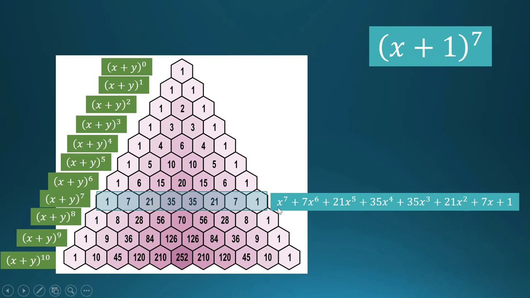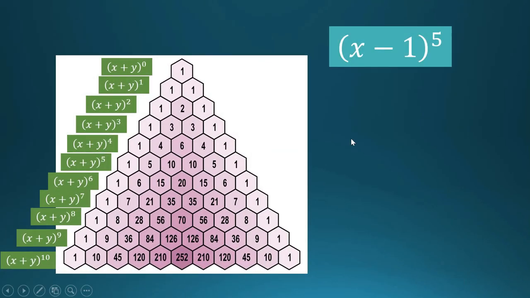As for x, again, you just follow the pattern. Raised to 7, it's going to be descending integer exponent. x to the 7, x to the 6, x to the 5, x to the 4, x cubed, x squared, x to the 1, x to the 0. And x to the 0 is just 1.